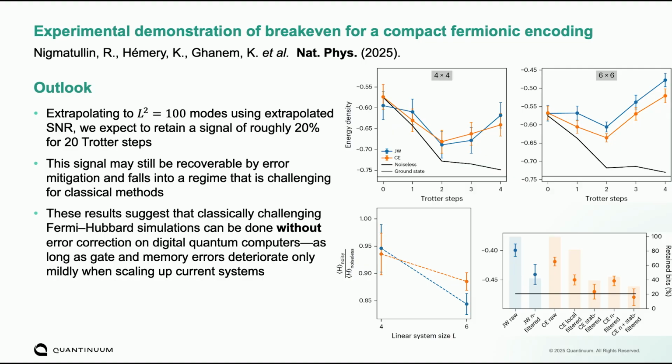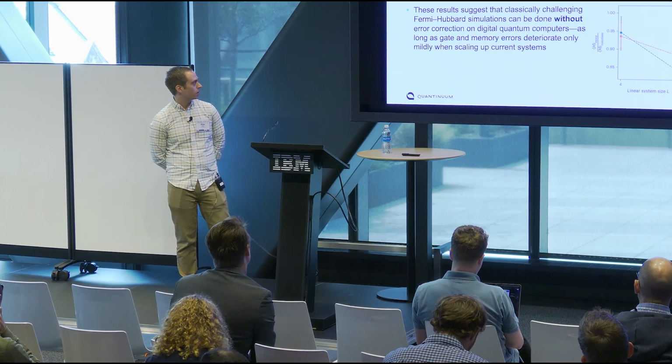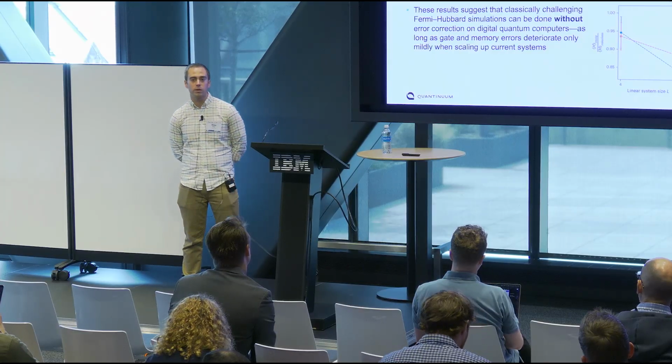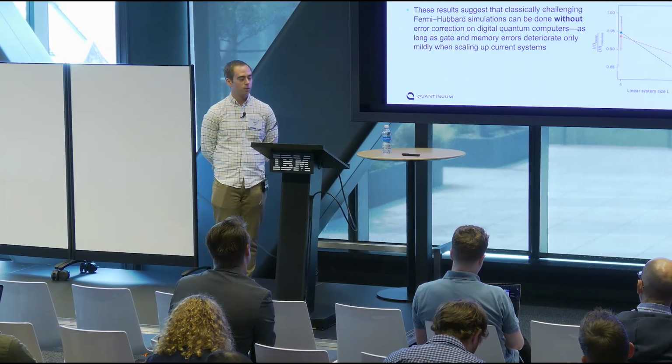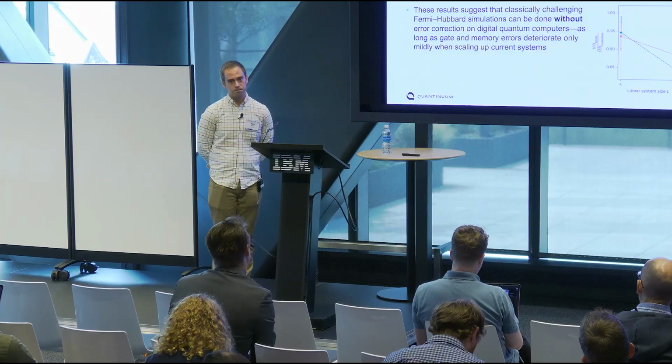This system size would fall into a regime that is challenging for classical methods, and so this could be a potential candidate for exciting research on near-term devices. This also suggests that we could do these simulations on a noisy digital quantum computer without error correction, as long as the gate and memory errors deteriorate only mildly when we scale the system, but hopefully they actually get better as well.